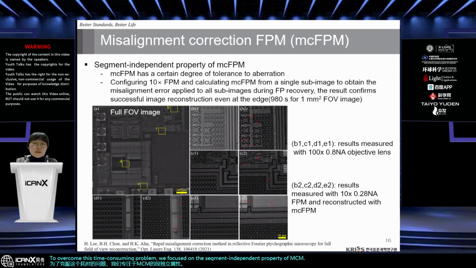At first, we verified that MCFPM has a certain degree of tolerance to aberration through simulation. After that, we were able to minimize the time required for misalignment correction by using MCFPM to calculate misalignment error only once on the subimage with the finest pattern, and then applying this value to the entire set of subimages.